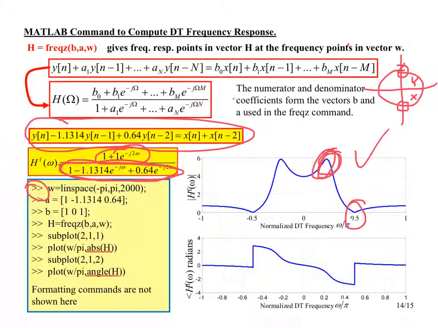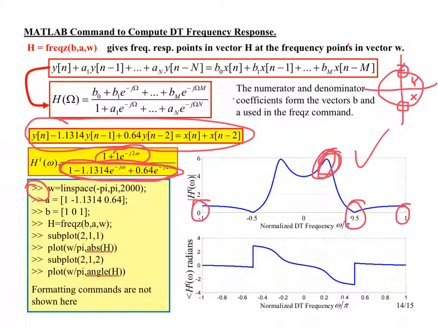And you could even go one step farther and try to put a zero out here to tack that down a little bit more. You can start playing around with putting poles and zeros wherever you want, and seeing what impact they have.